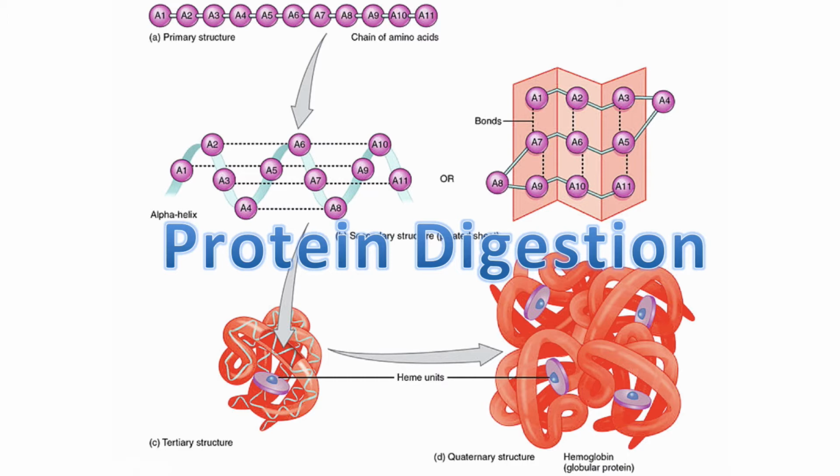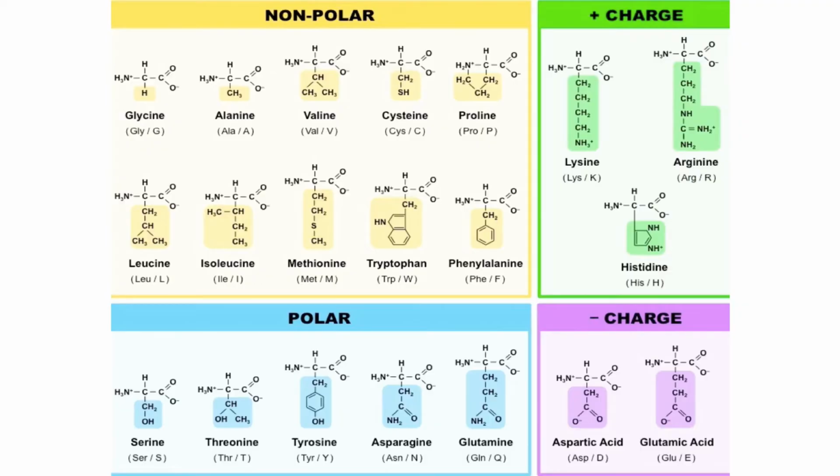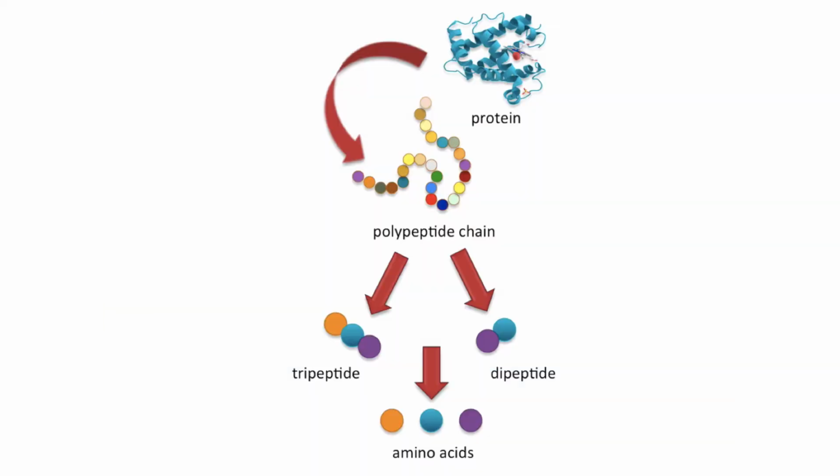To be clear, proteins are polymers, which we see right here, a bunch of linked monomers. The monomeric subunit for proteins are amino acids. There are 20 amino acids in the body, which we see right here, some nonpolar, some polar, charged and not charged.